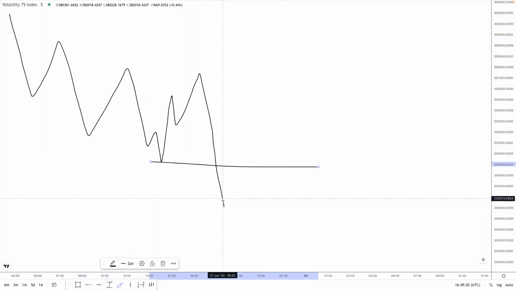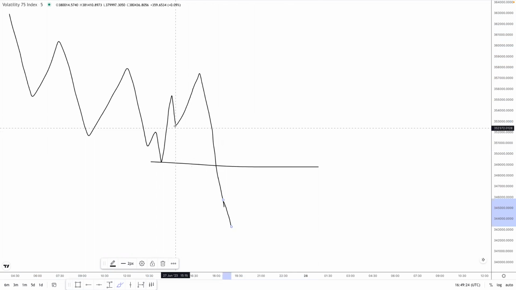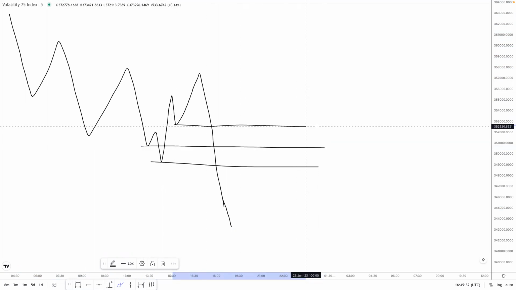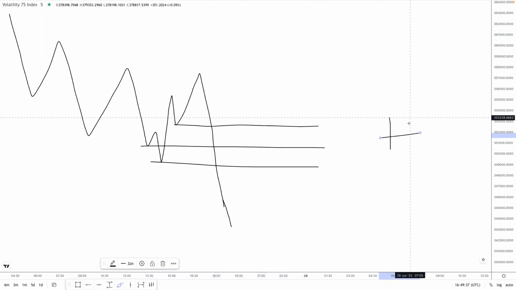After the break of this structure, we will be expecting price to respect any of these two structures right here. We have the first structure and the second structure. These are what you call the hidden invalidation.